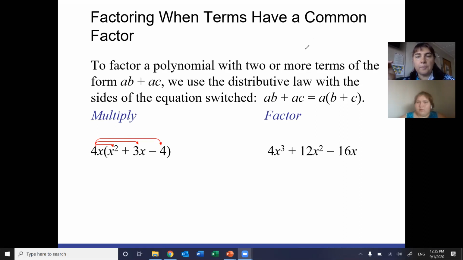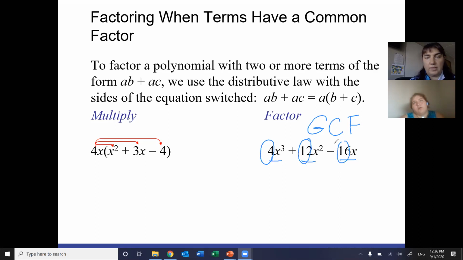So here is an example of a trinomial. It has 3 terms, and you can factor out the common factor, right? What we're looking for is the greatest common factor. We're going to start with the numbers first. Which number do all those have in common? Carissa, which one is it? 4. It's obvious, but let's do 4.